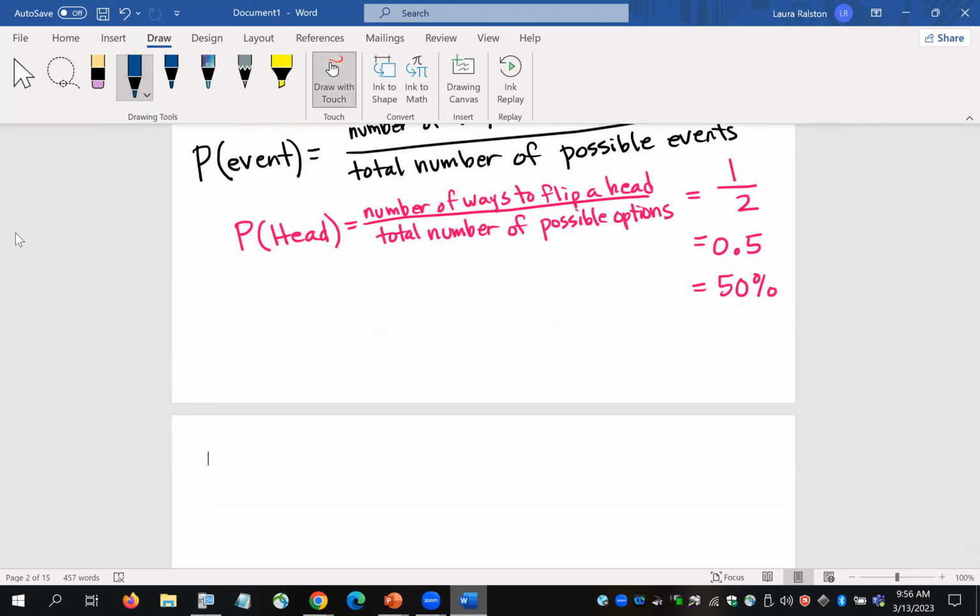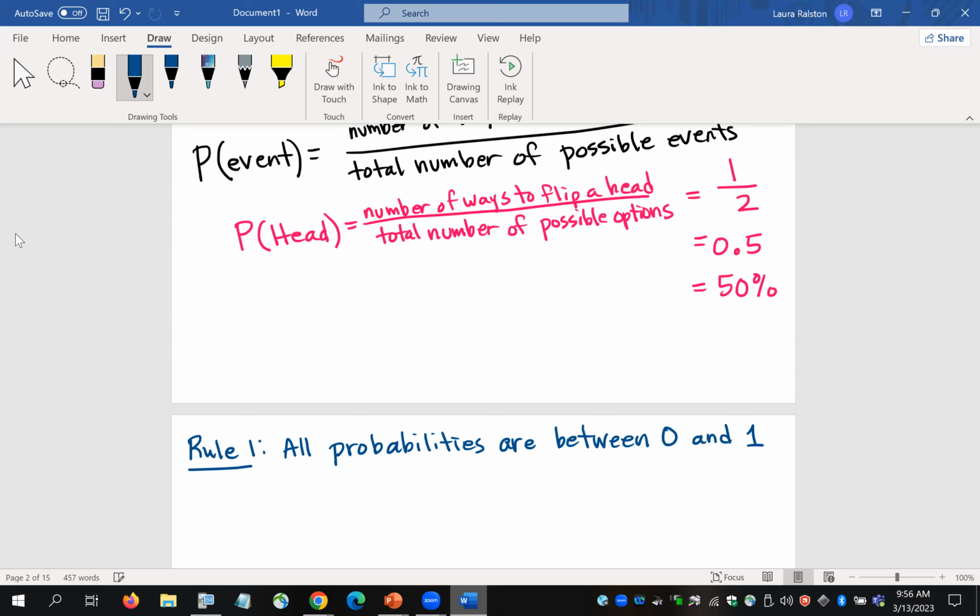Okay, so rule number 1, or guideline number 1, whatever you want to call it, rule 1 says all probabilities are between 0 and 1.